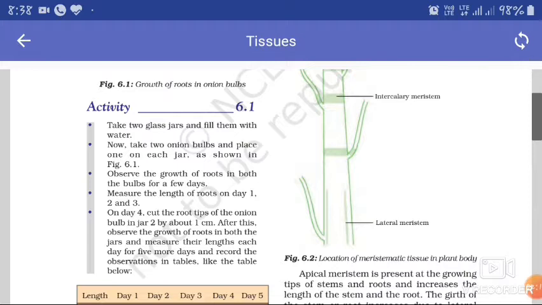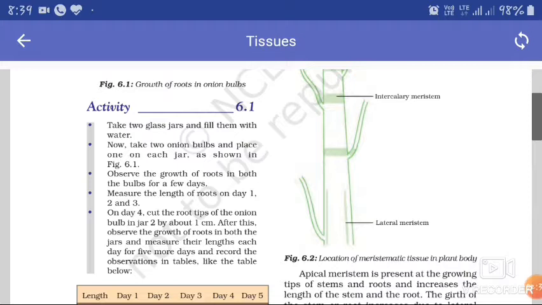Observe the growth of roots in both bulbs for a few days. Measure the length of roots on the first day, second day, and third day. On the fourth day, cut the root tips of the onion bulb in jar 2 by about 1 centimeter.